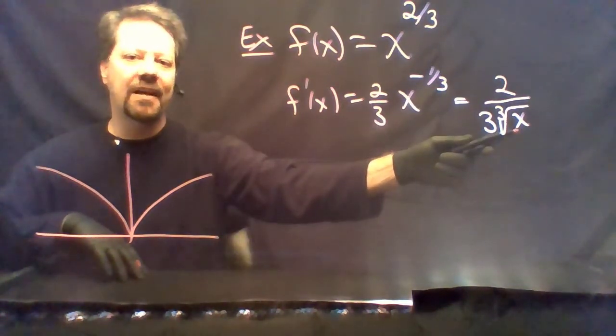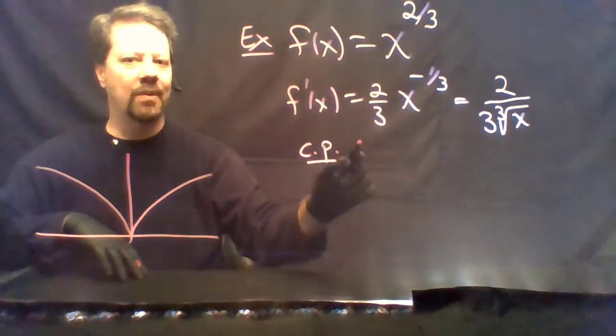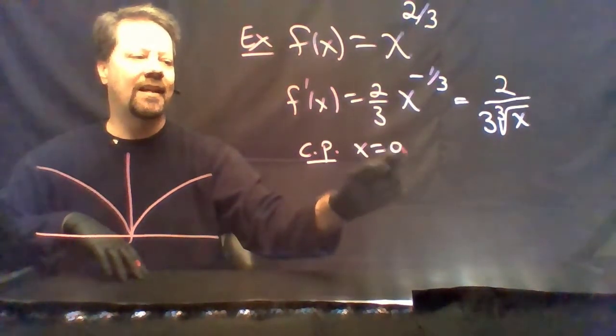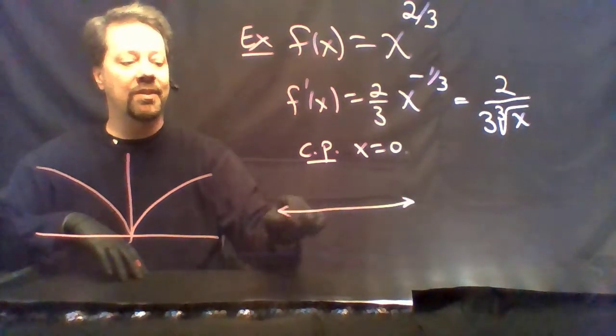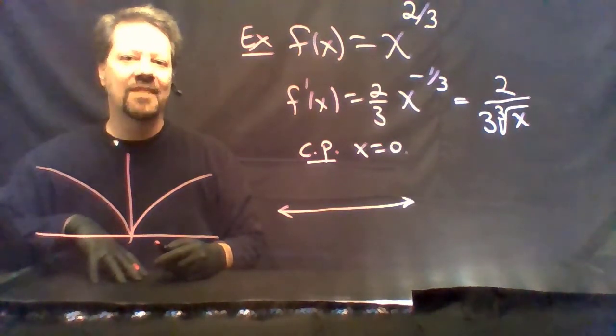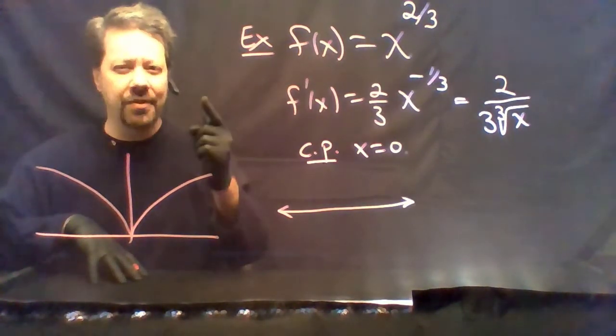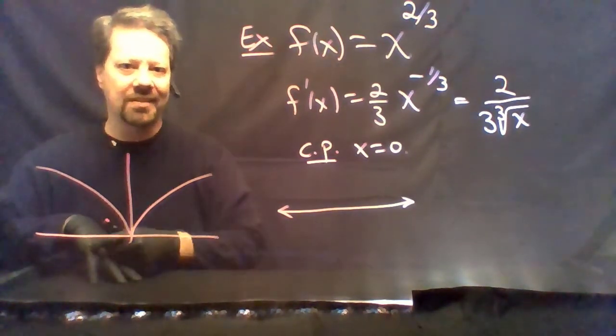This is undefined at 0. So the critical point, there's only one, is at x equals 0. This point is a critical point because it is in the domain of the original function. Remember, critical points are points in the domain where either the derivative is 0 or the derivative does not exist.